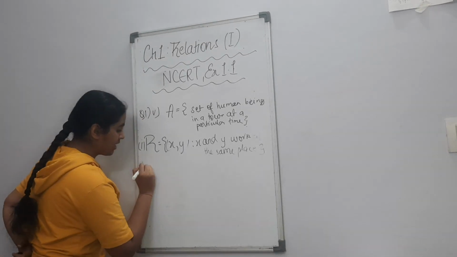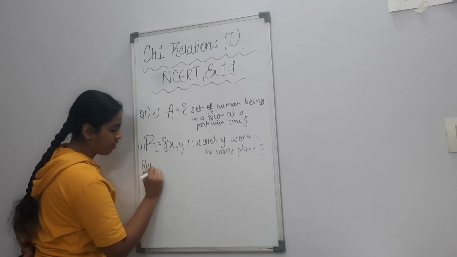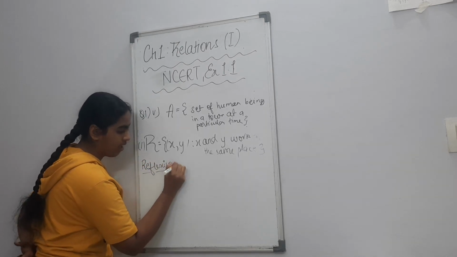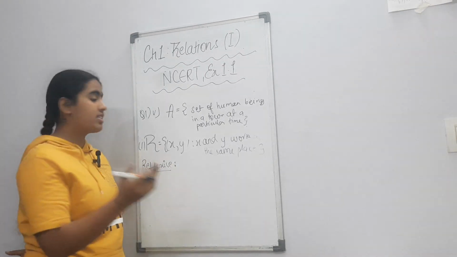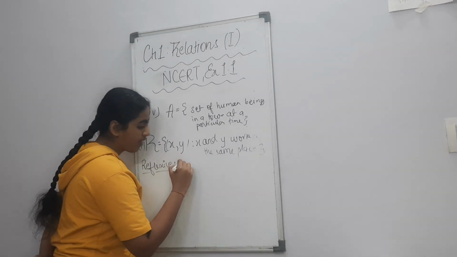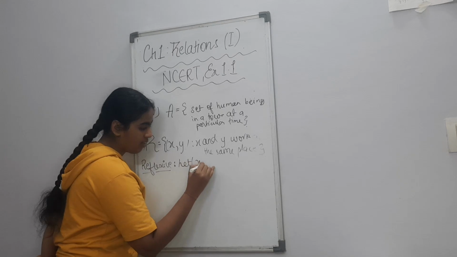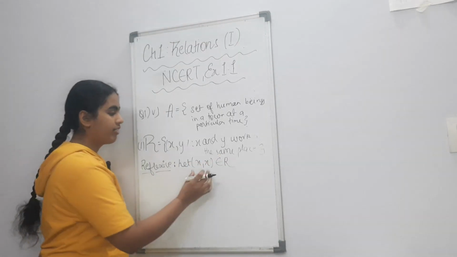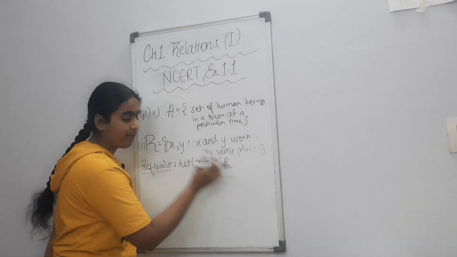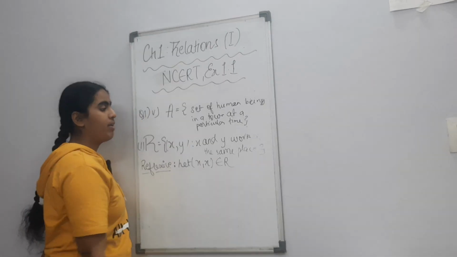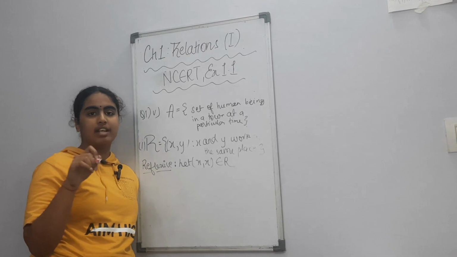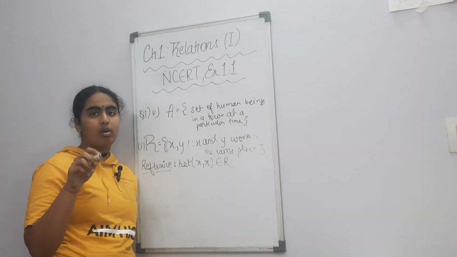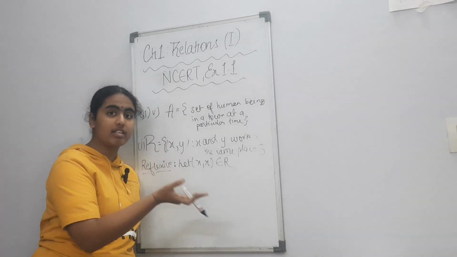Stating the condition, the most important thing to do, reflexive. Underline it, highlight it however you want. Second most important statement, let x comma x belong to R. Same element ordered pair belongs to R. If x comma x belongs to R, then it implies that x and x work at the same place. Which just implies that they are the same person, right?